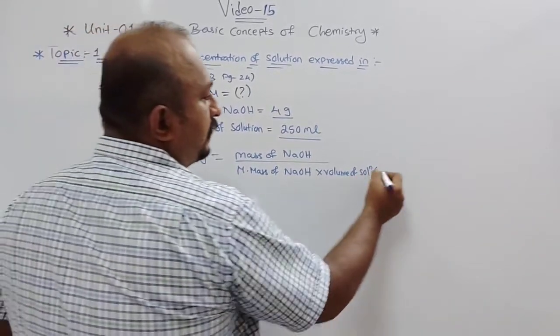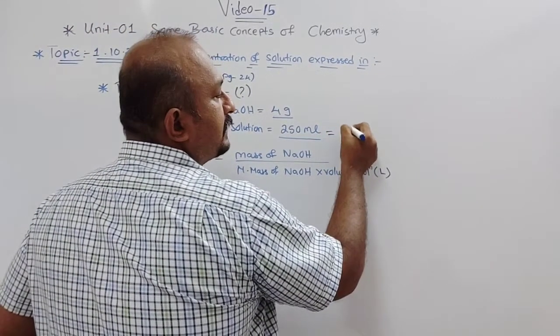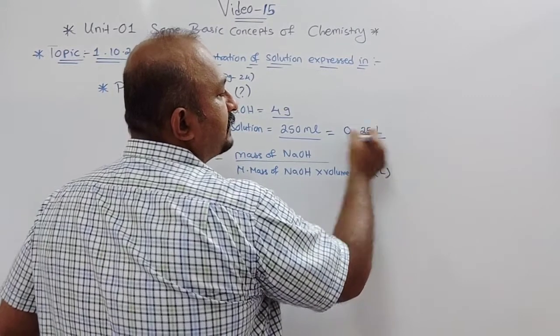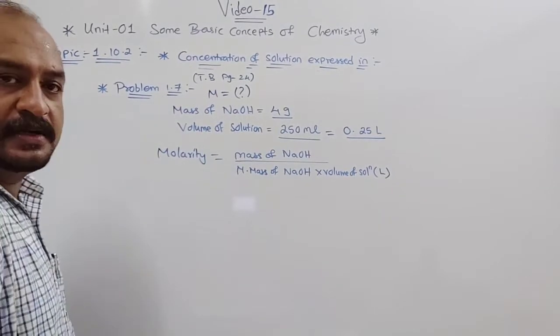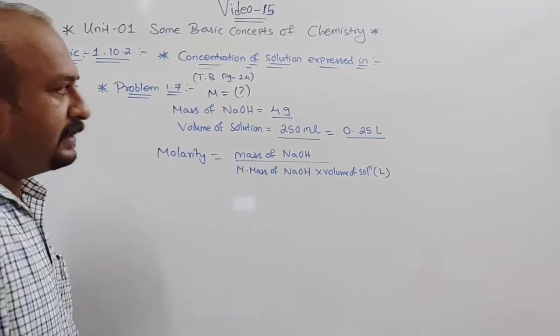Now if you want liter, you need to convert this into liter, so it will be 0.25 liters. Clear? You can divide it by 1000, and you will get it in liters.